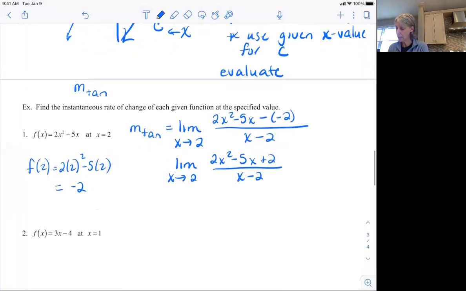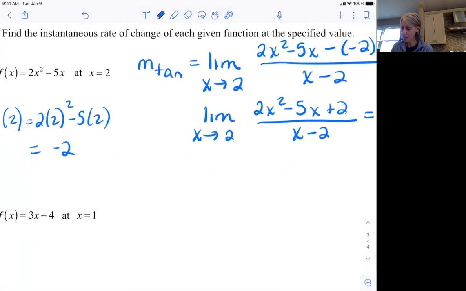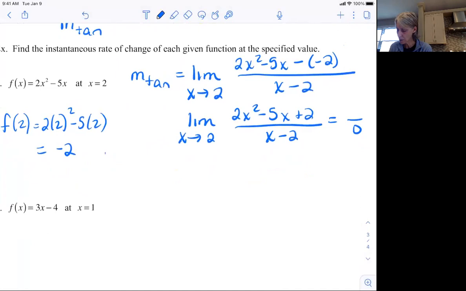When I plug in 2, I'm going to get a 0 on the bottom, so I am going to have to factor this. It is a tricky trinomial, so it's going to take me a moment. 2 numbers to multiply to 4 and combine to give me negative 5. 2x minus 4, 2x minus 1.